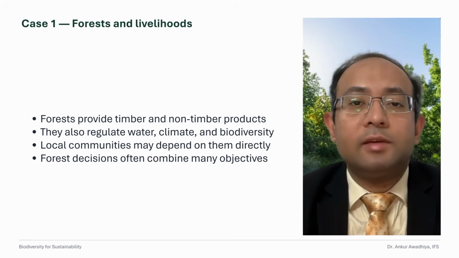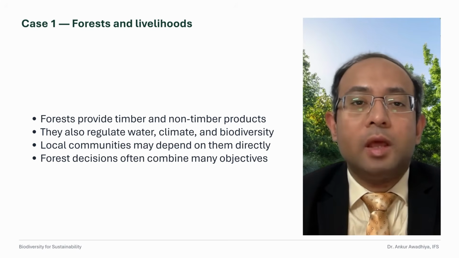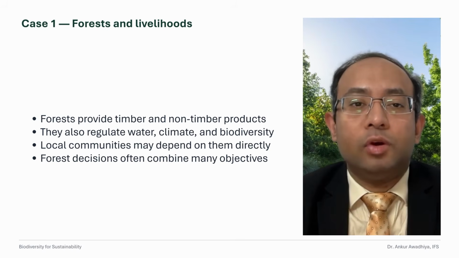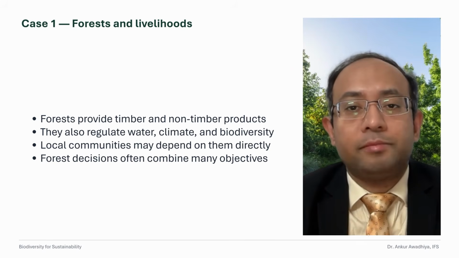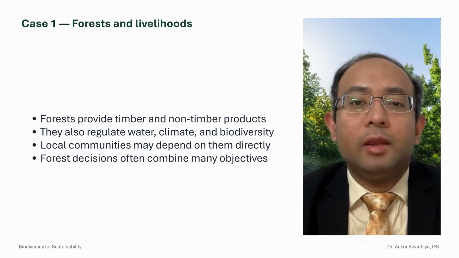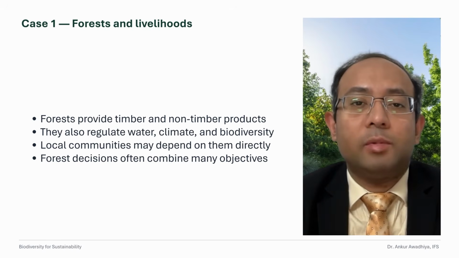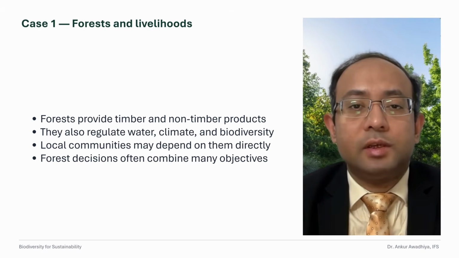Forests are classic sustainability examples because they are multifunctional. They may provide timber, fuel wood, food, medicinal resources, and income. At the same time, they regulate water, influence local climate, store carbon, and support biodiversity.